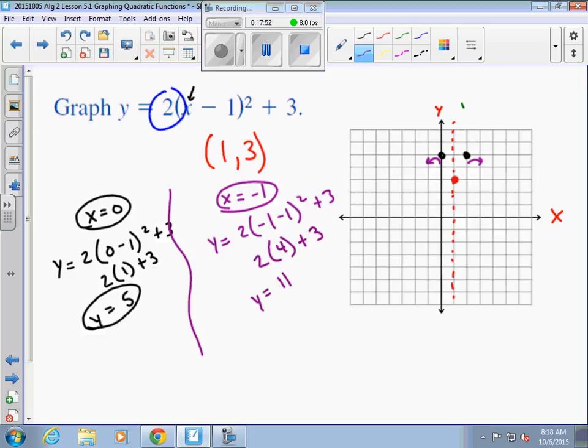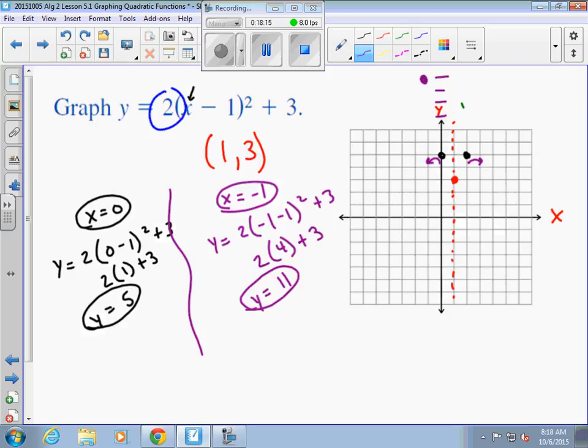And that's what I meant by jumping off my graph right there. When x's value is negative 1, y's value is going to be 11. So we got 1, 2, 3, 4, 5, 6, 7, 8, 9, 10, 11. We're going to get that high.